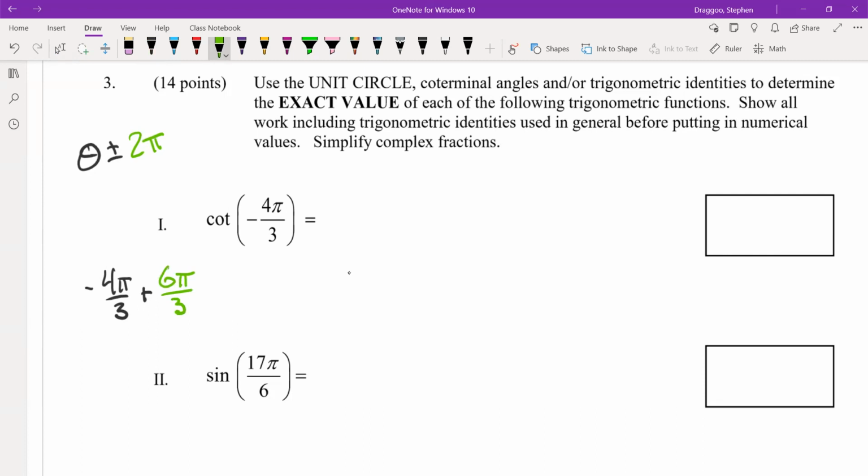Right? 2 pi, 6 pi over 3, same number. It's just that 6 pi over 3 has a common denominator with the angle I'm interested in, which makes my math easier. So negative 4 pi over 3 and 2 pi over 3 are coterminal. So I want to find the cotangent of 2 pi over 3, because that's something I'll know from the unit circle.